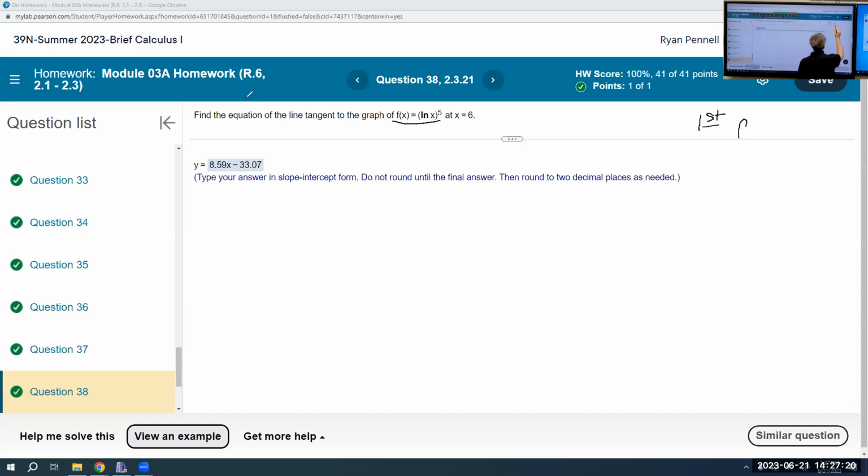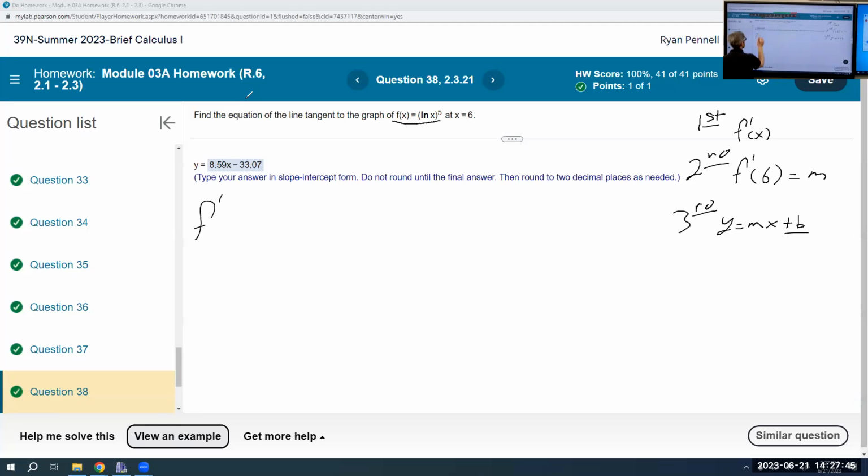First, find f prime of x. Second, evaluate f prime at whatever they tell you. In my case, it's 6. Third, that's your m. So y equals mx plus b, and you want to find the y-intercept. And you got it. All right, so let's do it.